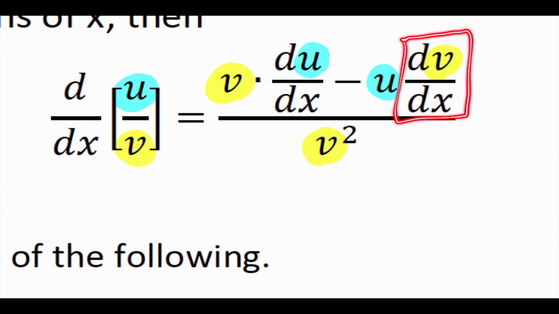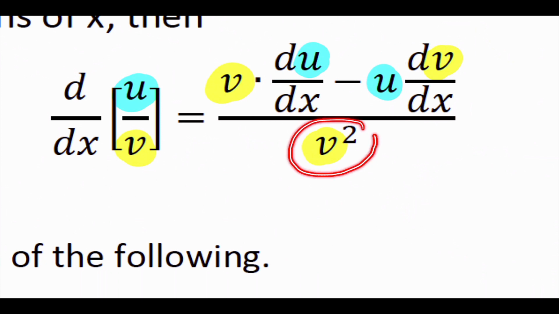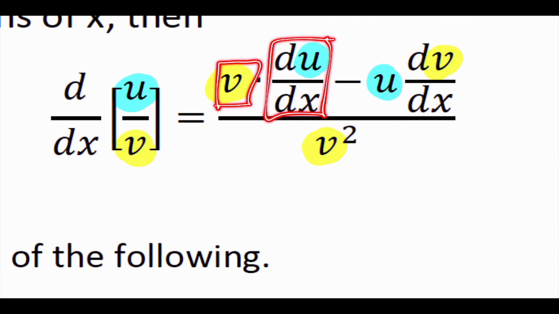The only difference is there's a subtraction there. And the other difference is it's got a denominator now. What is the denominator? Low squared. Bottom squared. So it's low, derivative of high, minus high, derivative of low, over low squared.